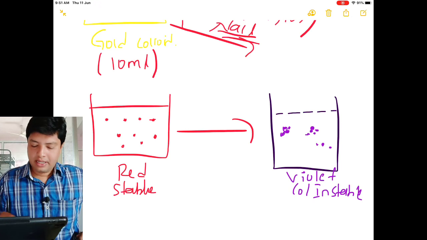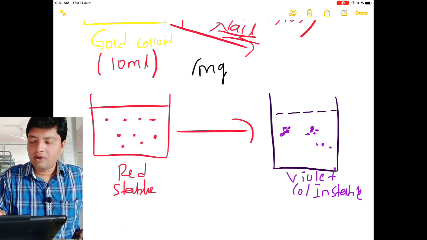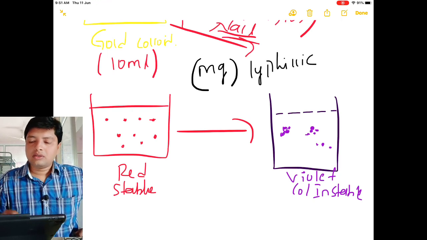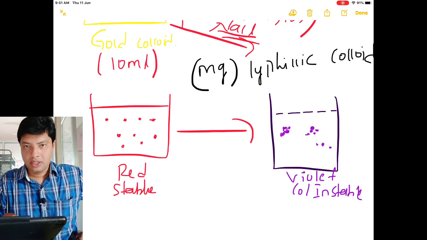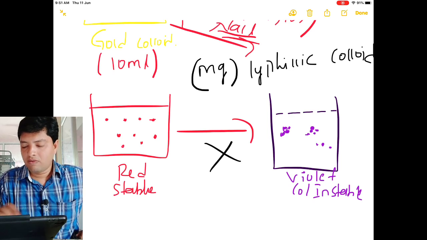So we will write the definition here. The amount of lyophilic colloid added to prevent the color change. We don't want this to happen.